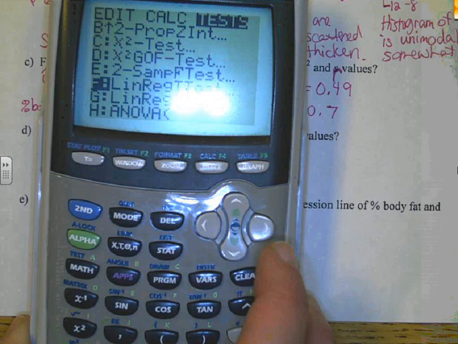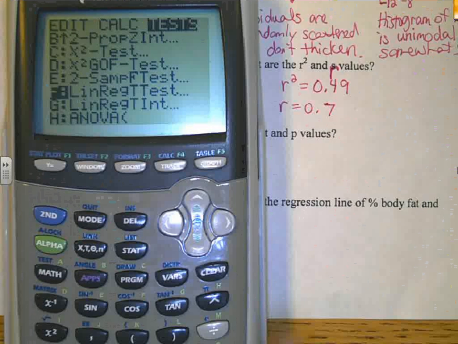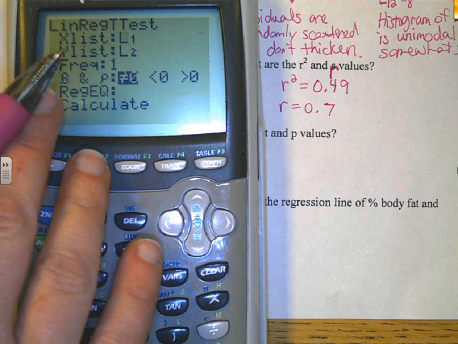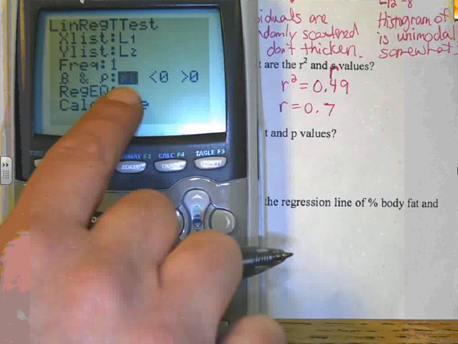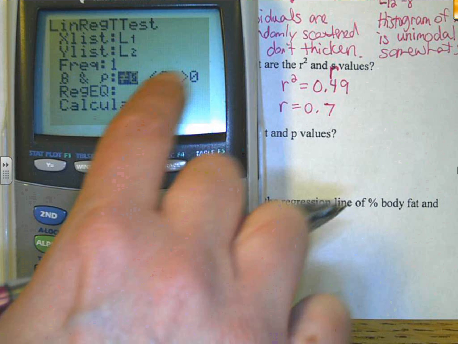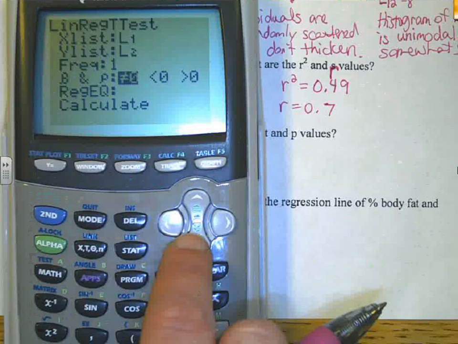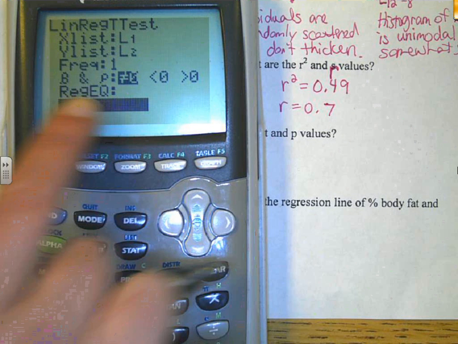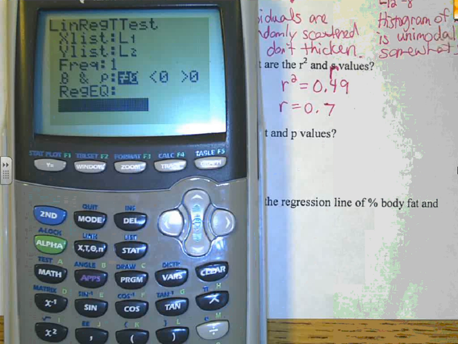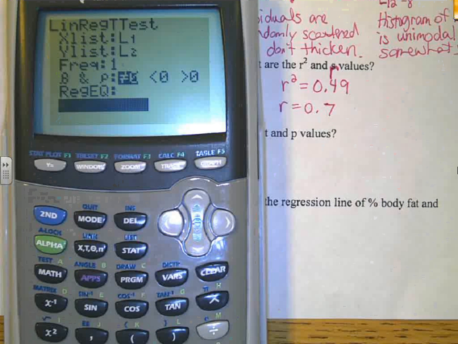It's the linear regression t-test, with L1 and L2. It should be not equal to, and it'll probably always be that. You could test whether the slope is positive or negative, but we usually won't. Leave the regression equation blank, as long as you're using your lists. Then you just calculate.